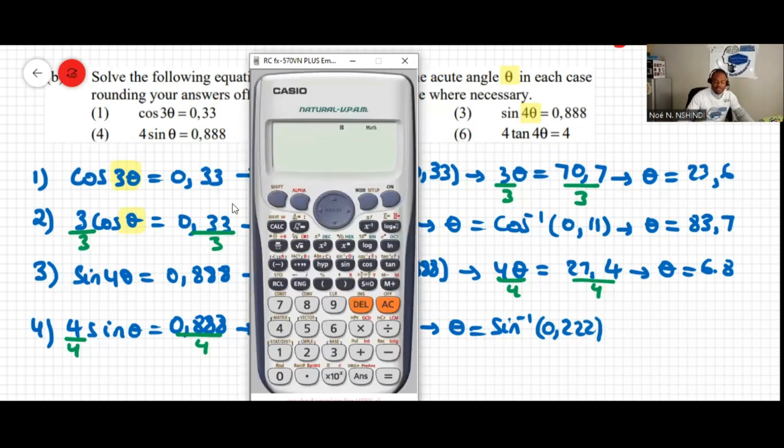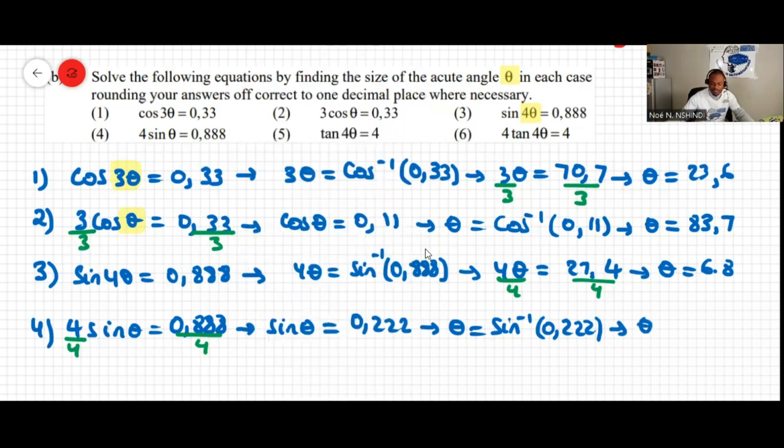We press shift and then sin, then 0,222, close bracket, and hit the equal button. That's equal to 12,8. So theta will be 12,8.